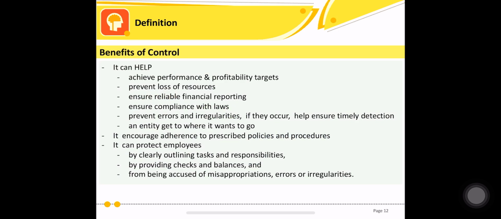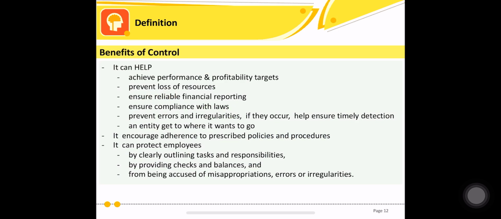Prevent loss of resources. We will learn more about how it can help with the loss of resources, I think in the next video. And then, ensure reliable financial reporting. We're gonna talk about this later as well.